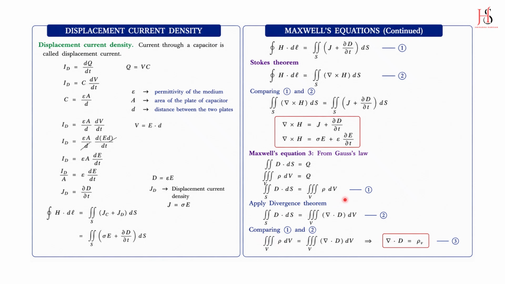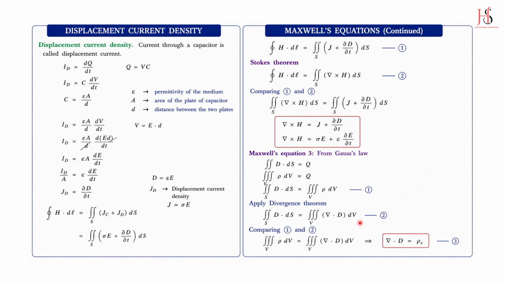Now we apply the divergence theorem. Why do we need to apply the divergence theorem? Because the left hand side is a surface integral and the right hand side is a volume integral. Applying the divergence theorem, you can convert the surface integral to a volume integral. So let us take the left hand side, the surface integral of D dot ds. How will you convert it into a volume integral? By using the divergence theorem, which gives the volume integral of del dot D into dv.